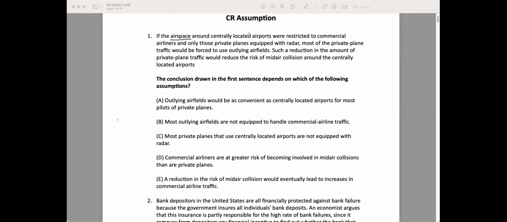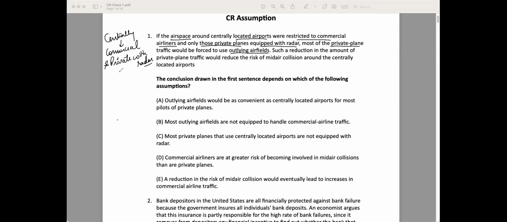If the airspace around centrally located airports were restricted to commercial airliners and only those private planes equipped with radar, most of the private plane traffic would be forced to use outlying airfields. Okay, so we are restricting the centrally located airport to only the commercial planes and private planes with radar.